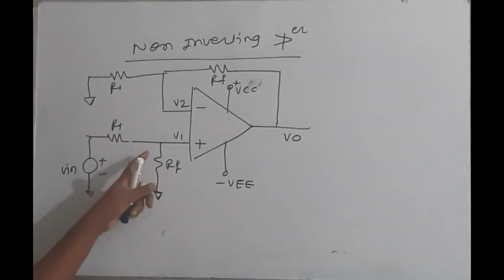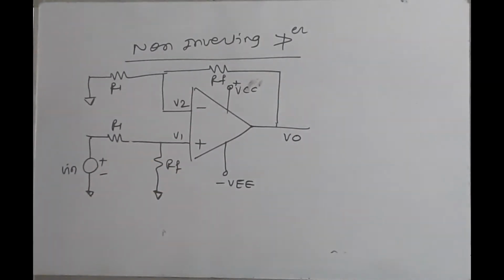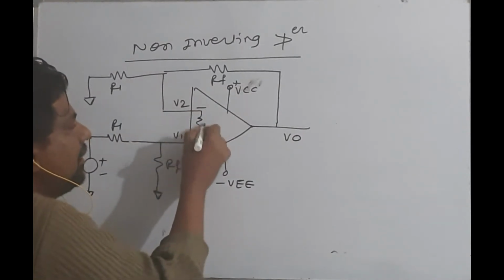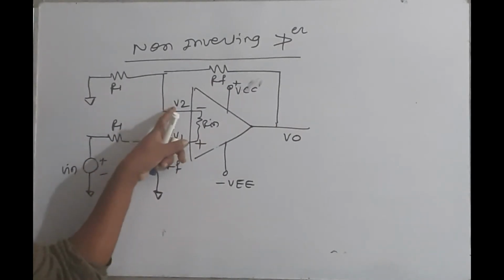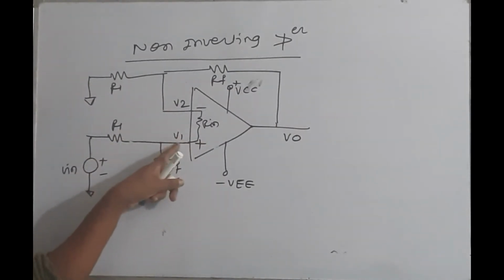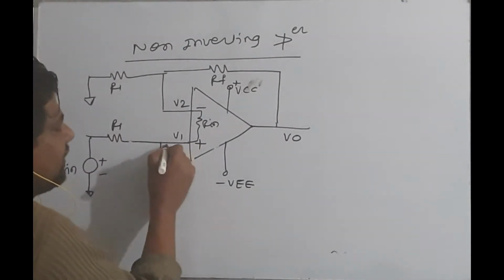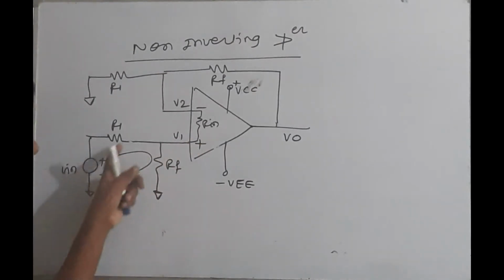Now let us try to understand what should be the value of V1. Why? Because this operational amplifier has high input impedance. Rin will be a few mega ohms, so current will not pass here. This is V2, this is V1, non-inverting terminal, inverting terminal value. Current will pass in the closed path of least opposition, so all current will pass here.